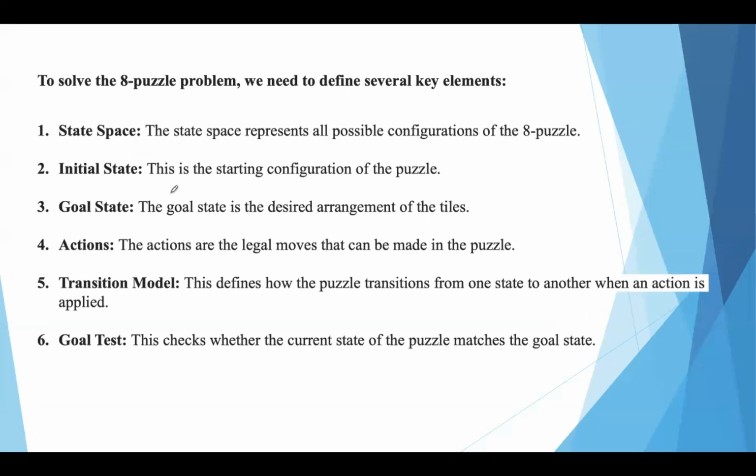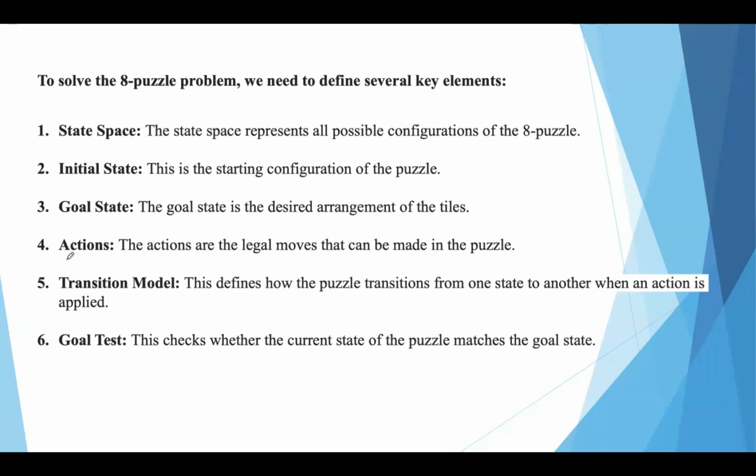State space. State space represents all possible states that a problem solving agent can encounter during the task. Then the initial state and goal state. We need to apply various actions in order to reach our goal state from the initial state.